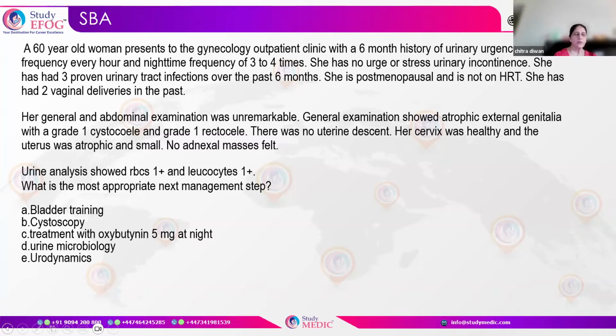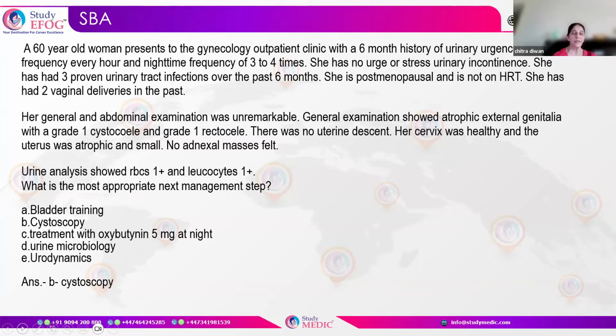Okay. Remember, you have a postmenopausal woman, everything else is normal. Why does she have RBCs? And she has recurrent urinary tract infections. Whenever you have something which is abnormal, urine microbiology is not going to offer you anything because her urinary tract infections have already been treated. The first thing that you will offer her is a cystoscopy to see whether there is anything in the bladder.